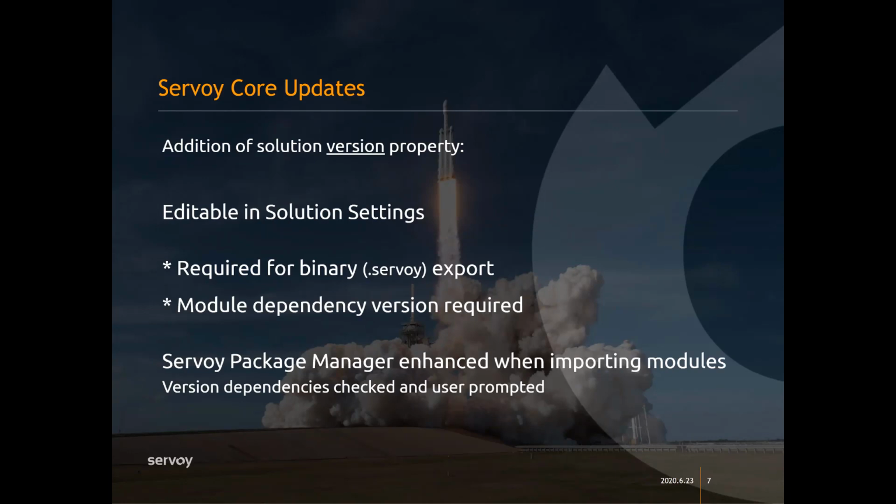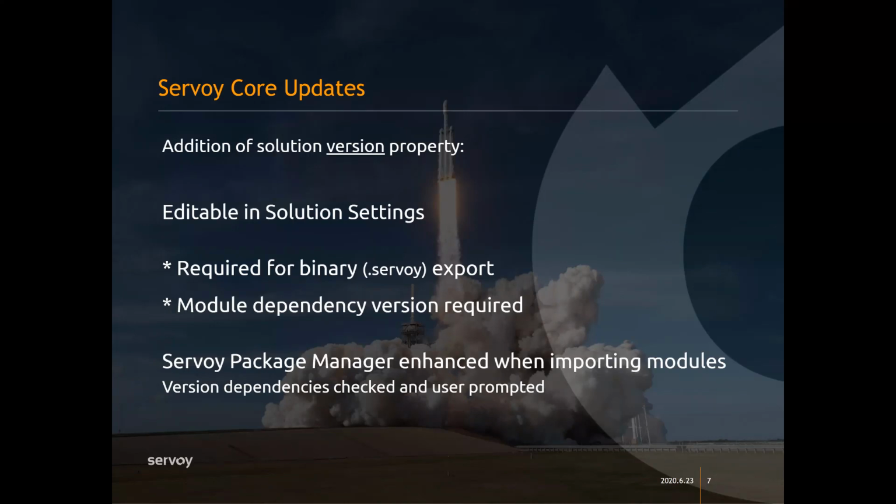Another thing that's new, this is not really in the IDE, but in the project structure, is we added a solution version property. So this goes in the solution settings. And we did this for a couple reasons.